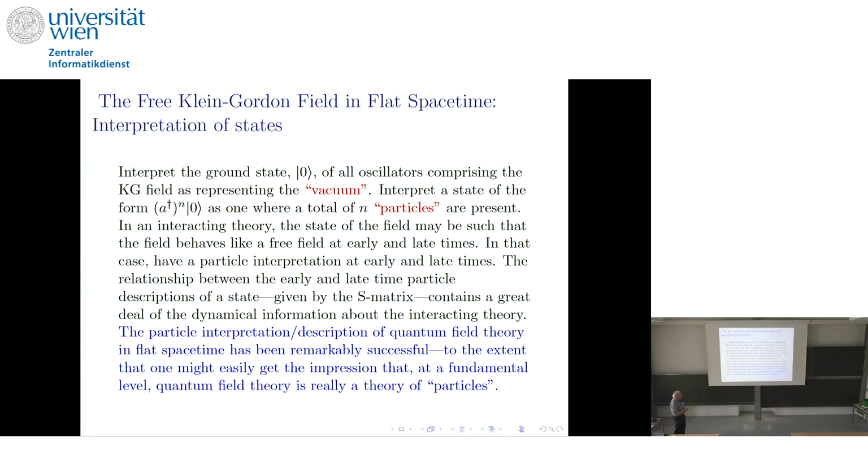If you have interacting fields, then it is normally assumed, for physically relevant interactions, that at early and late times the states of the system look like states of some corresponding free field. So you can characterize the asymptotic states in the past and in the future by particle states.